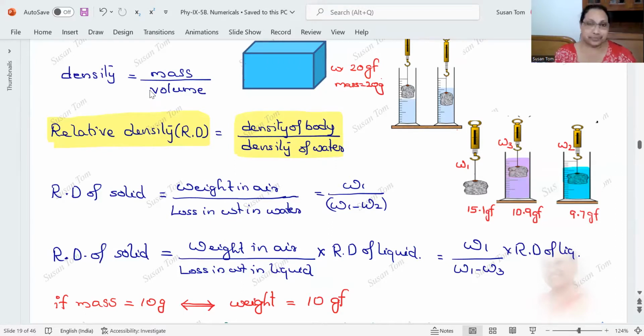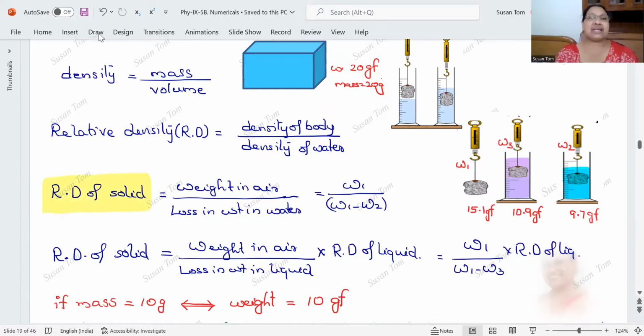Is it okay? In this, the density of water is taken as a constant or standard with which we compare the rest of the bodies' densities, and we refer to it as the relative density of that body. Fine.